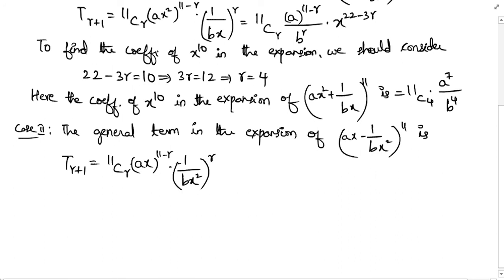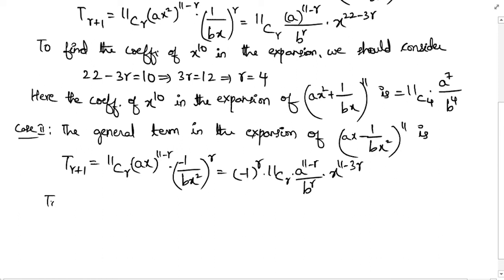This is minus, because it is a minus here, so in the r-th power we'll get (−1)^r. So this is equal to (−1)^r into 11Cr into a^(11−r) divided by b^r into x^(11−3r).